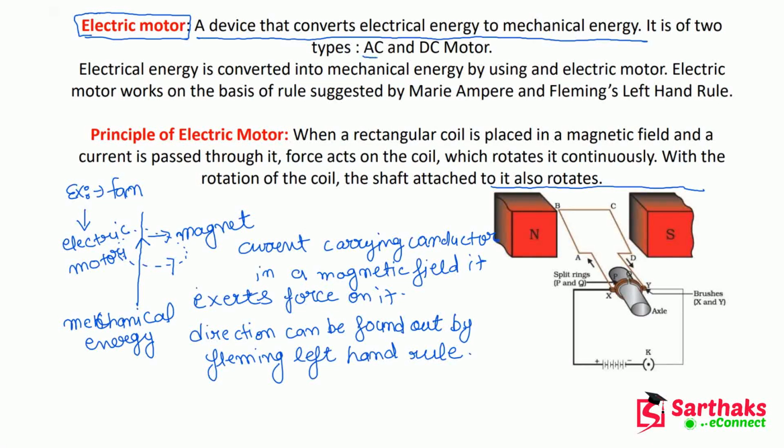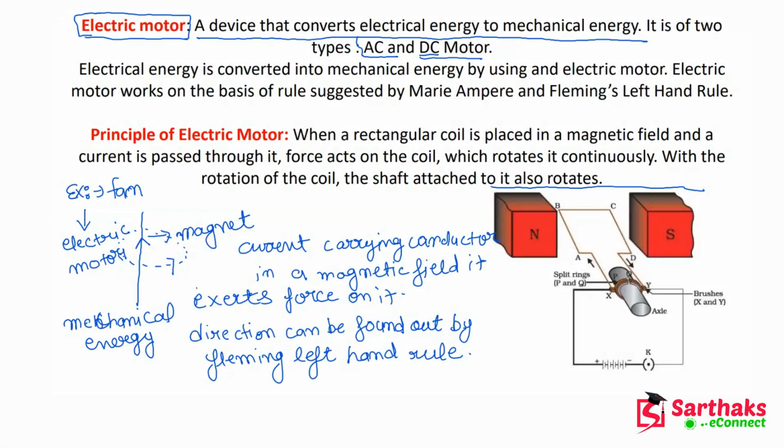Now guys, there are two types of electric motors. First one is AC motor and second one is DC motor. What is the difference between these motors? We can understand the difference by the name. Simply, AC motor is the motor which runs on AC current.